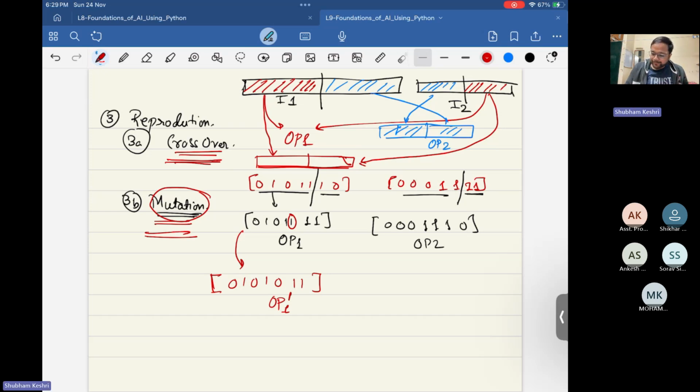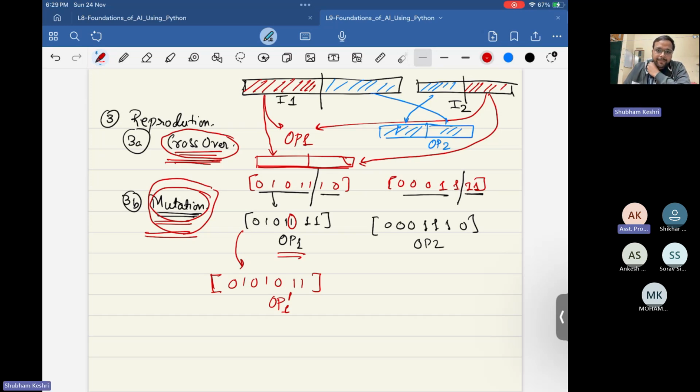So this is doing intensification. Crossover is picking properties of parents and combining them. Mutation is doing the diversification. It is randomly picking some elements and randomly changing them. So it may happen that offspring 1 was good.